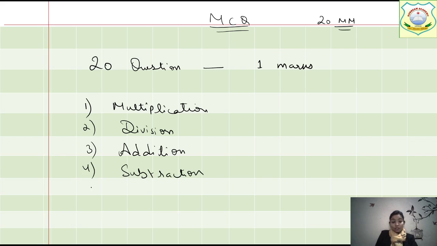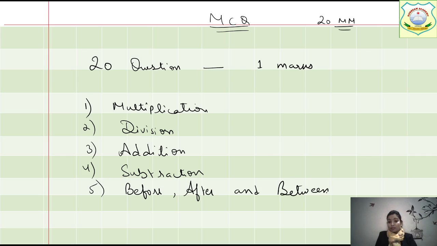Apart from this, you will be having the before, after and between, okay. Then put the correct sign also. So these are your topics which you have to practice, okay. And questions can be from your book, it can be from anywhere, और आपको पूरा practice करना होगा. Alright.